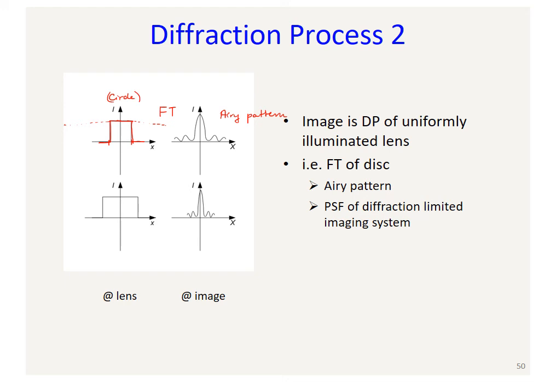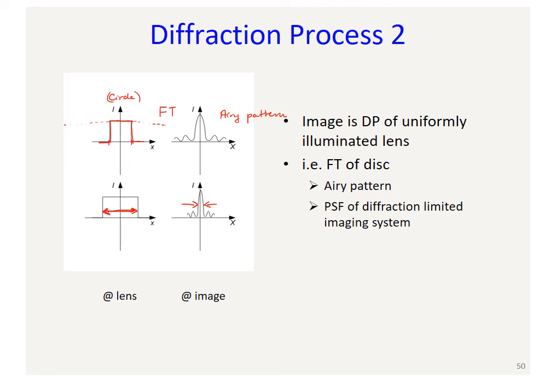If we increase the size of our lens, then we will decrease the size of the Airy pattern. As you know, diffraction patterns have a size that is inversely related to the characteristic size of the aperture.